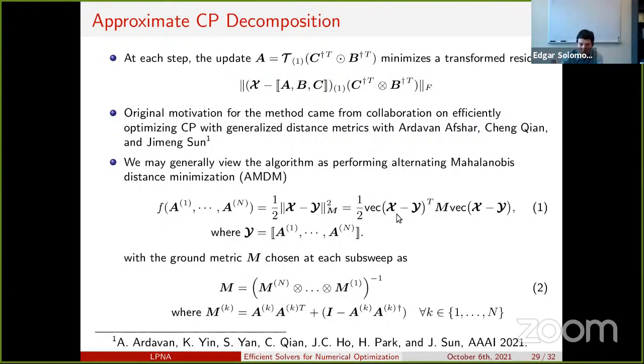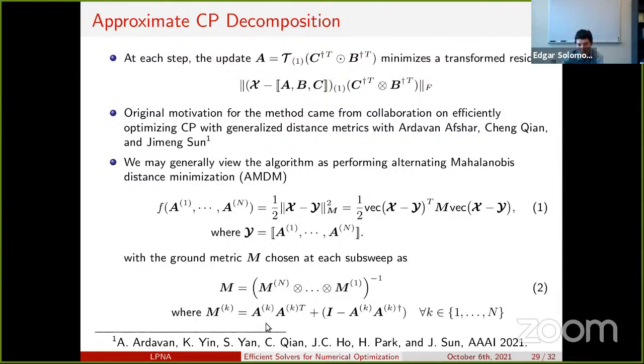So here we're minimizing a loss function that's defined by this SPD matrix M. And if we think about this as an inverse of some matrix, we get something closely related to what's known as Mahalanobis distance. But we are making a particular choice of M that's associated with our factors.